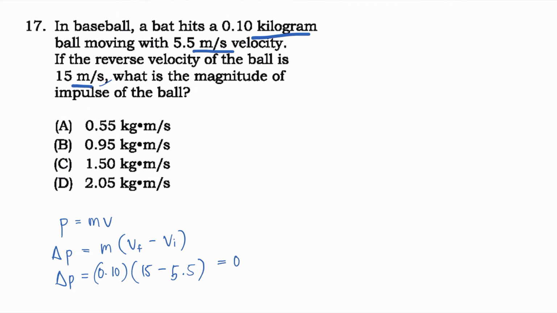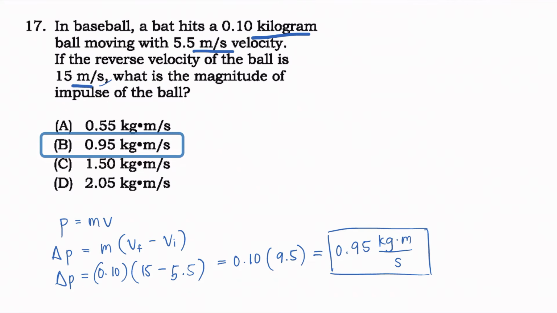So, yan ay 0.10 times 15 minus 5.5 is equal to 9.5. So, kapag multiply natin yan, makukuha natin yung sagot na 0.95 kilogram meter per second. So, yan ay letter B.